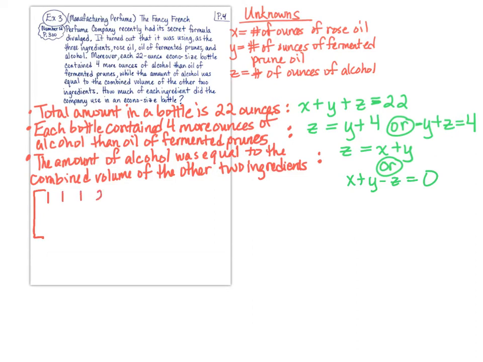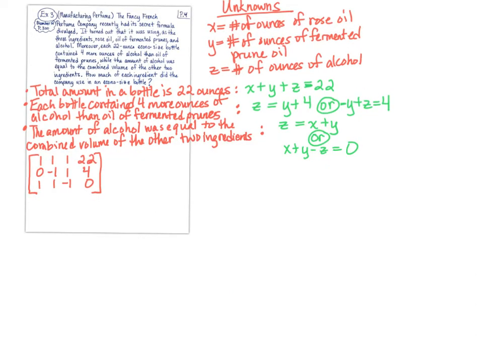What's the second row? 0, -1, 1, 4. Good. And what's the third row? 1, 1, -1, 0. Good. And now we want to row reduce.